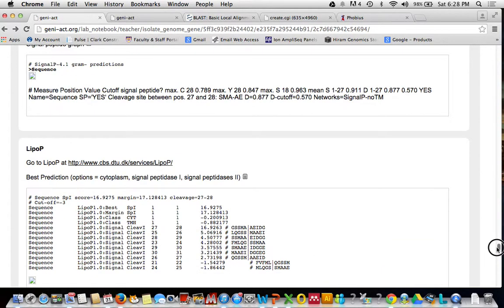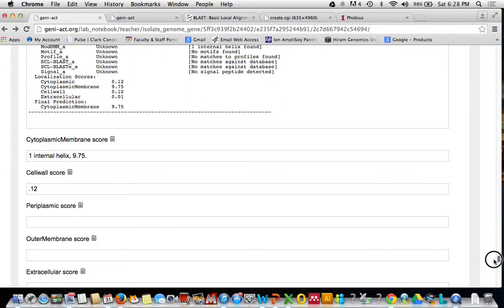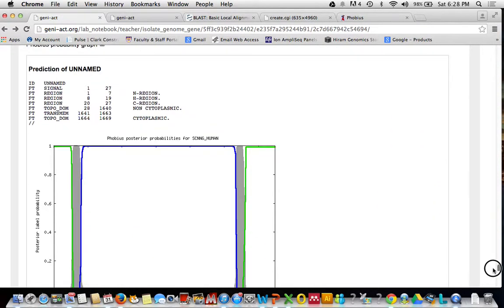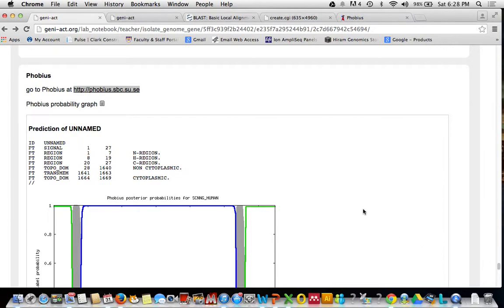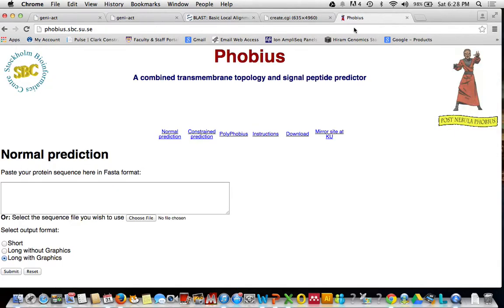Then the next thing we're going to do is Phobius. We're doing Phobius because TMHMM is currently offline for some reason. So basically you control click, open up a new window and go to Phobius. What Phobius will predict is basically where your protein is located in the cell.